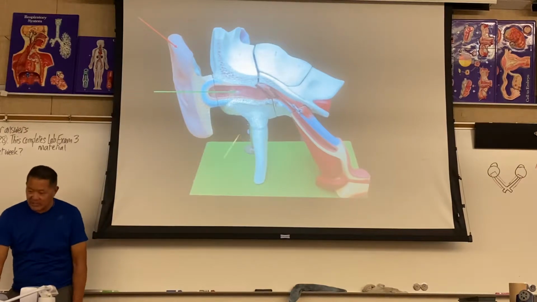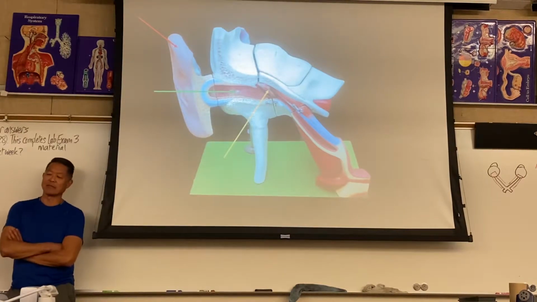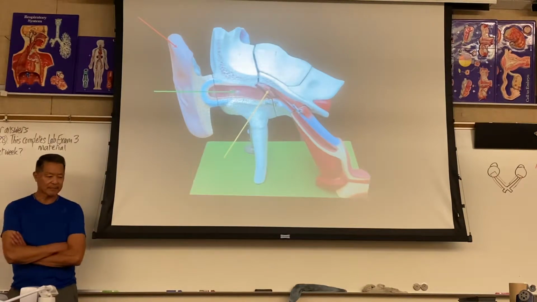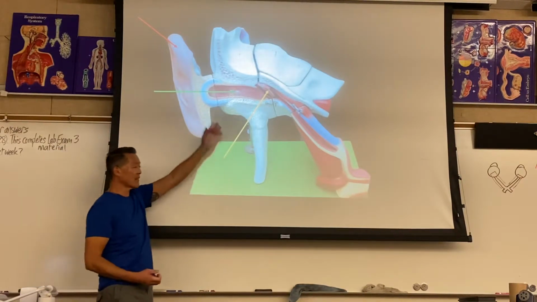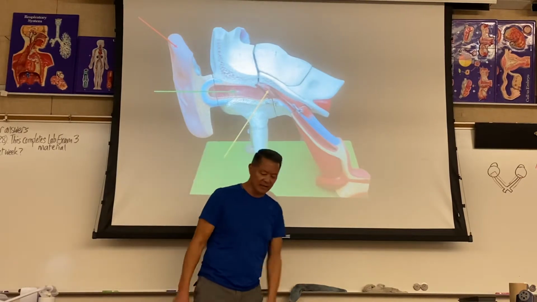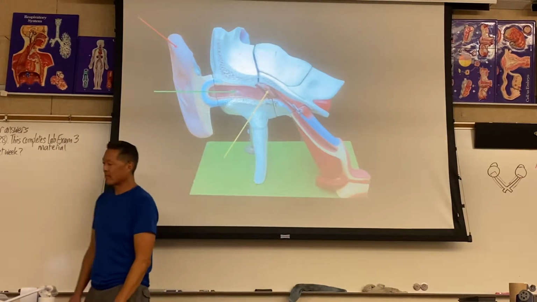The external ear ends at the tympanic membrane. That's the yellow arrow. The tympanic membrane separates the middle ear from the external ear. You're on one side of it, external ear. You're on the other side of it, you're in middle ear.